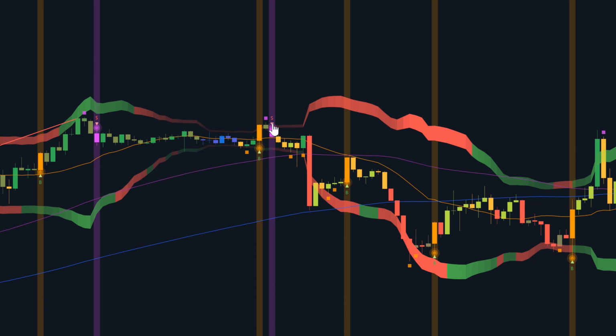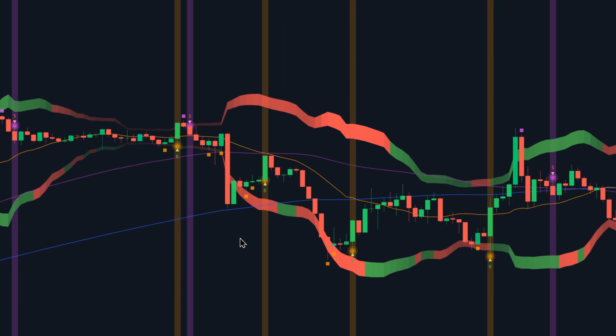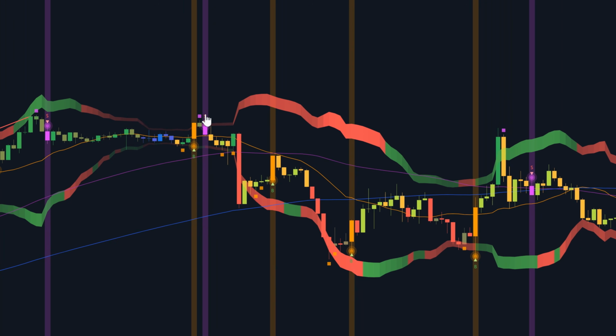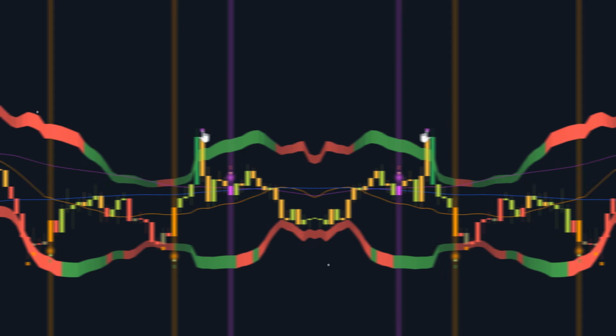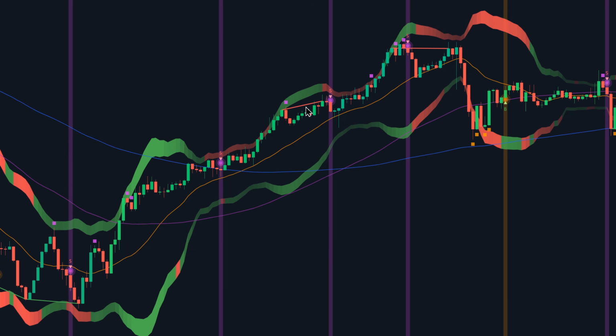Now, what about these orange and purple squares? What are they? Well, these squares are called watch signals, and we're gonna go over what they do later in the video. But for now, all you need to know is that these orange squares are called buy watch signals, and these purple squares are called sell watch signals. Lastly, we can see these red and green lines.